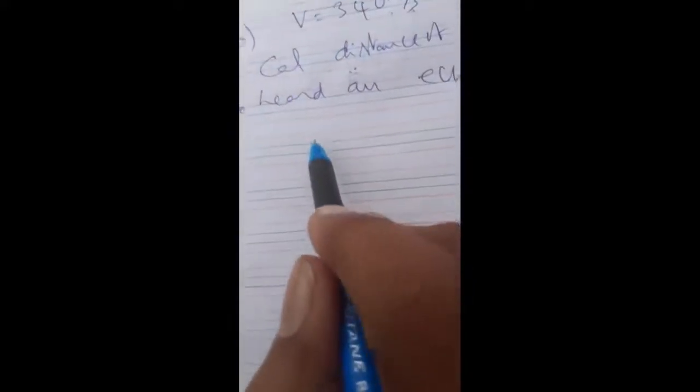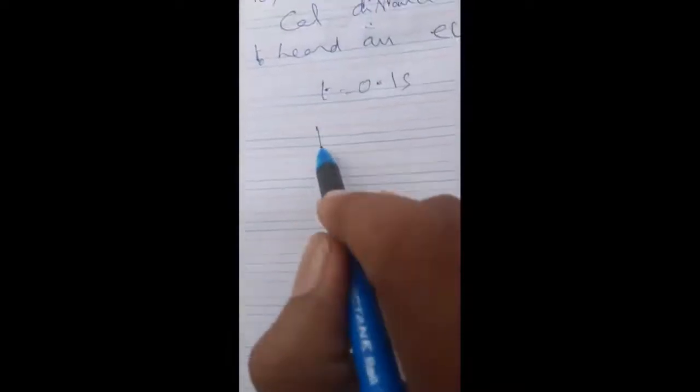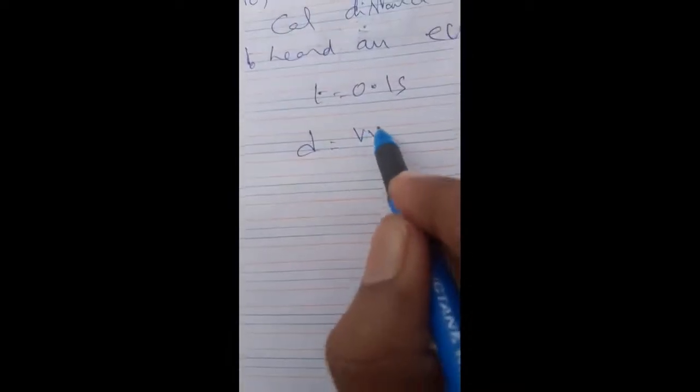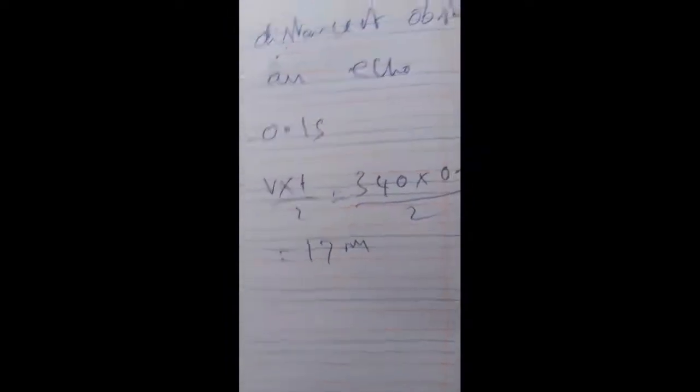We know the persistence of hearing is 0.1 seconds, and the distance of the obstacle is equal to Vt by 2, that is 340 into 0.1 by 2, so that is 17 meters. Here the persistence of hearing is not given, so you have to remember it.